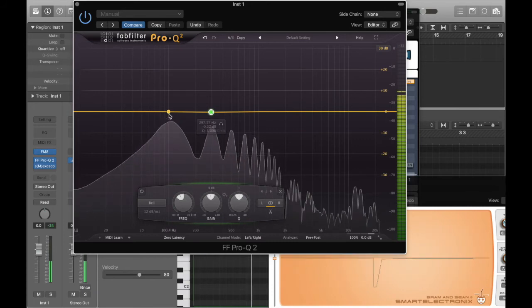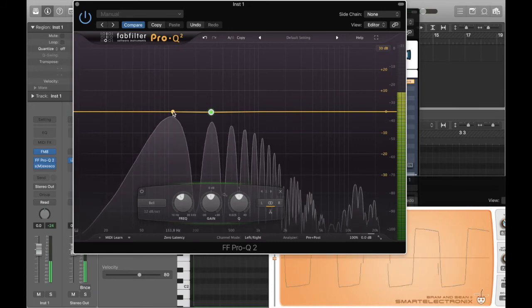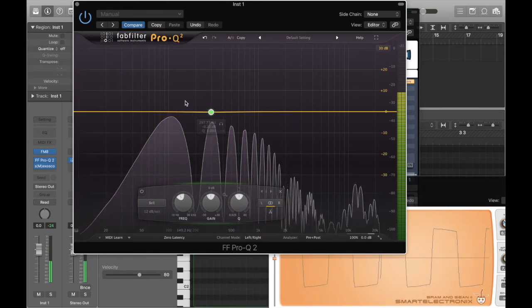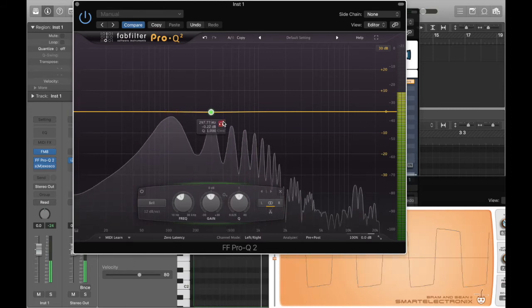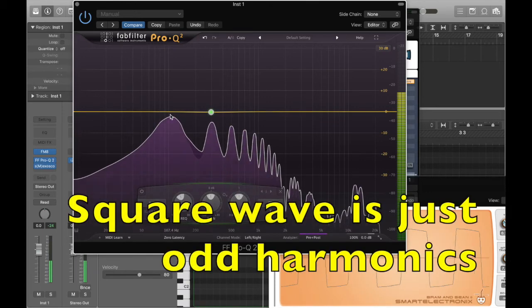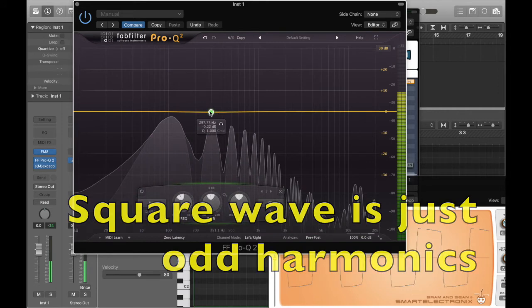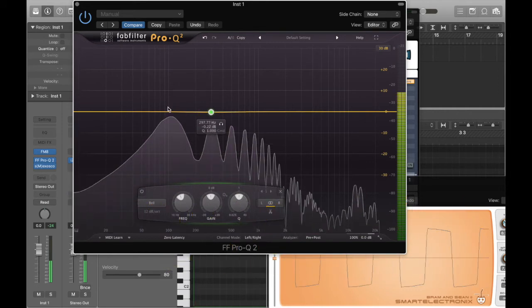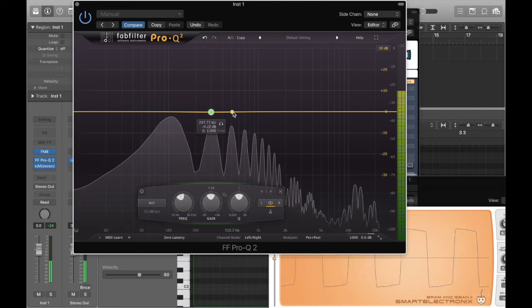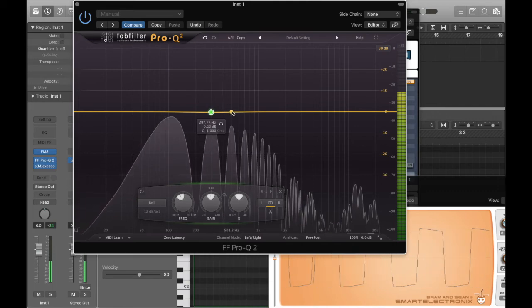So in this square wave, rather than just stacking every single harmonic, 100, 200, 300, 400, a square wave is generated by stacking a fundamental sine wave and then every other harmonic. So if you choose 100 Hertz to begin with, the next one's at 300, the one after that's at 500.